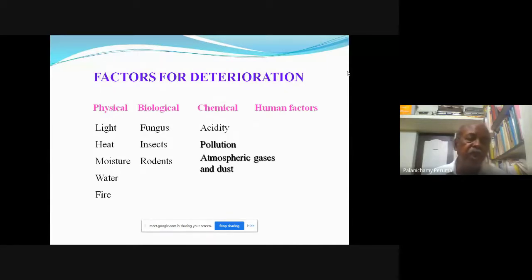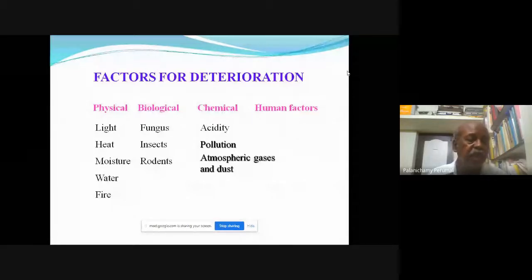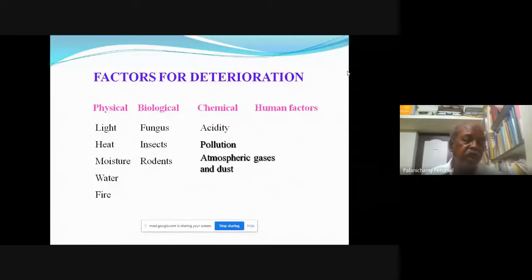Our visible light is only a certain wavelength that our eyes can catch, that is 385 to 725 nanometers. Light with wavelength less than 385 we cannot see, and beyond 725 we cannot see. Ultraviolet, very near to violet, is very dangerous.